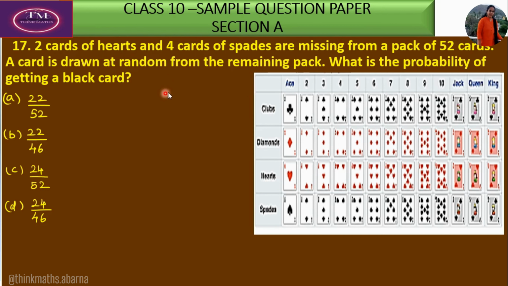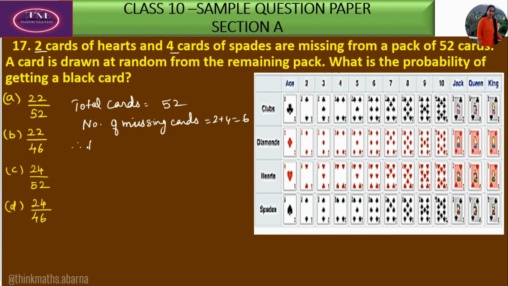Okay. From 52 cards, how many cards are missing? 2 plus 4, that is 6 cards missing. So total cards is 52, number of missing cards is 2 plus 4 equal to 6.